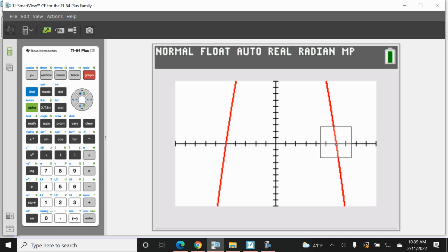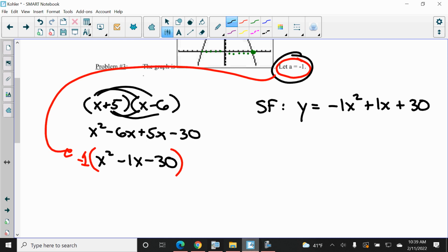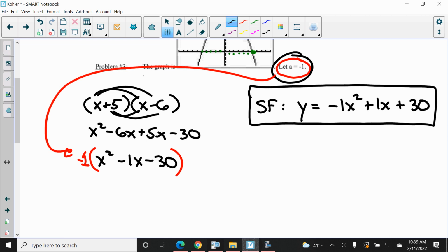It looks like the graph goes to the correct spots. 1, 2, 3, 4, 5, 6, and 1, 2, 3, 4, 5, -5. Looks good to me. Standard form. So we can box that in.